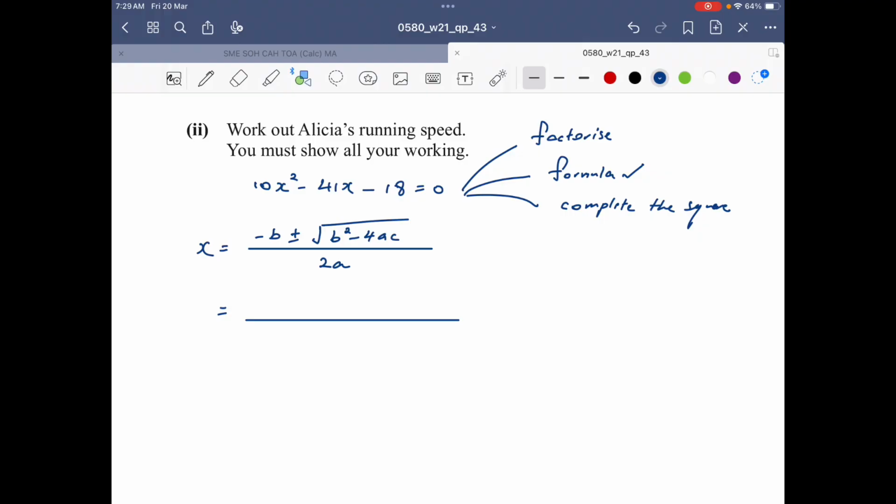So let's start with b. b is the coefficient of x, and the value of a is the coefficient of x squared, and c is the constant. Right, now you put this into the calculator and solve it.